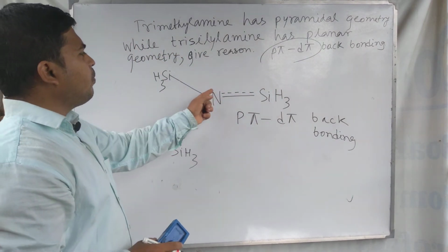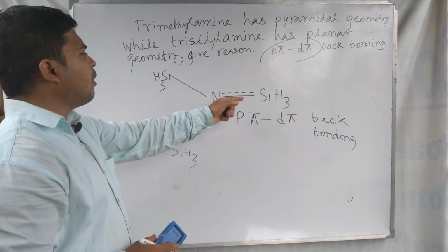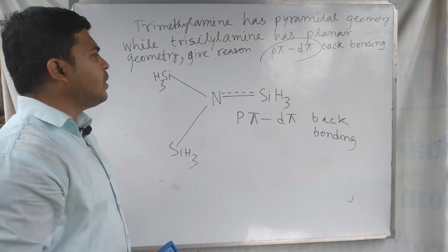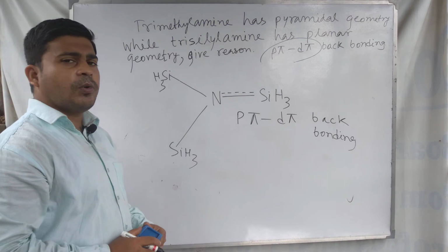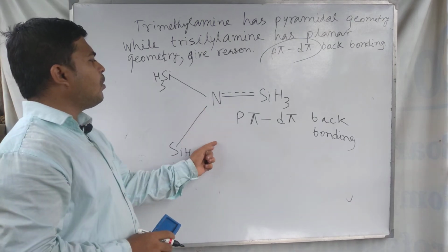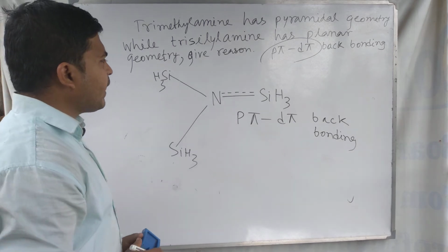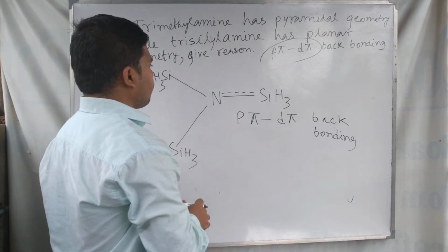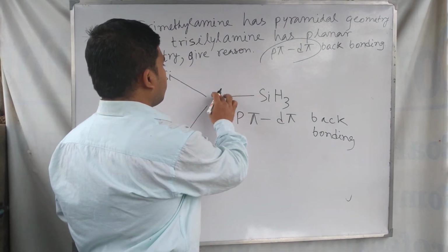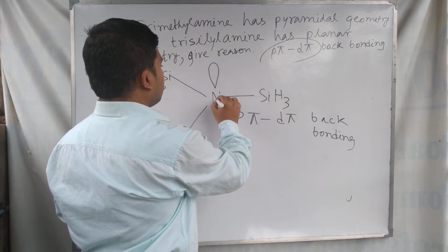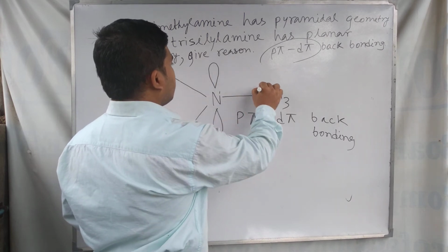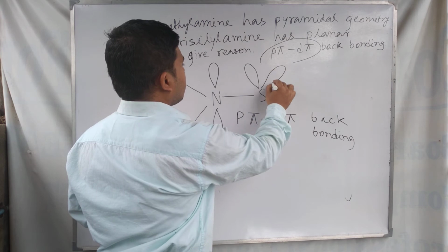The lone pair of nitrogen is donated to the silicon vacant d orbital, and as a result a pi bond is formed due to the overlap of the filled p orbital on nitrogen and the vacant d orbital on silicon. You can represent it like this, and the silicon vacant d orbital.